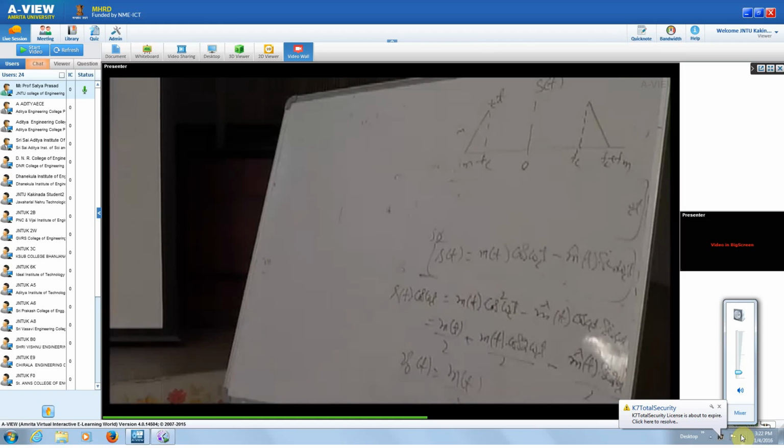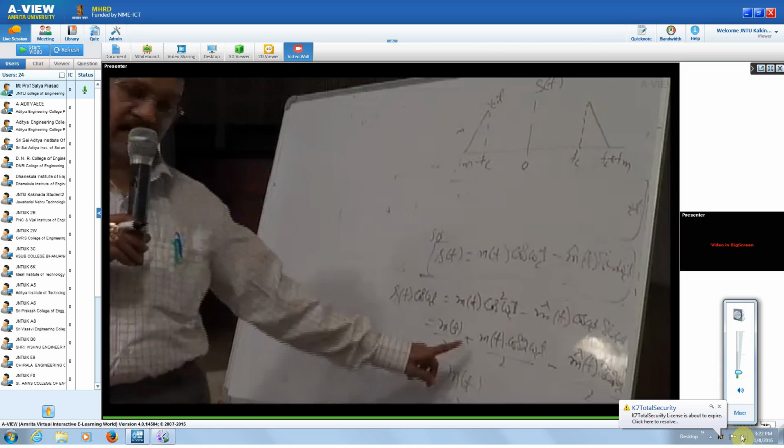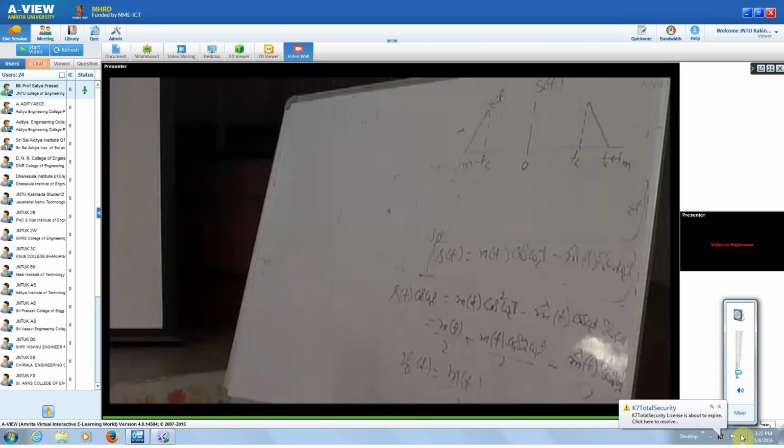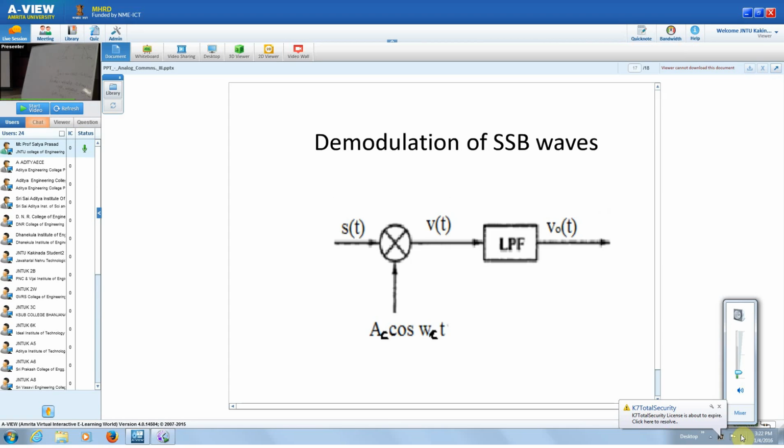So that may be varying the quadrature null effect, or it may wax and wane, increasing or decreasing depending on the phi value, and phi cannot be constant also. So it will be changing for different times and different frequency components. Therefore, this m of t is going to be continuously changing, which we don't require. Therefore, we require a coherent carrier to be generated.